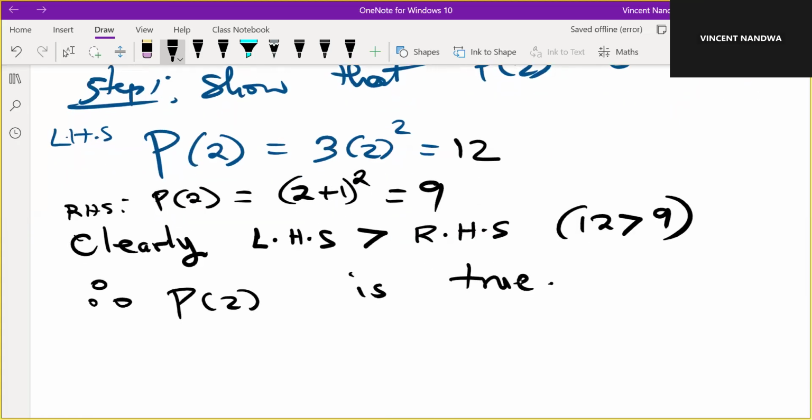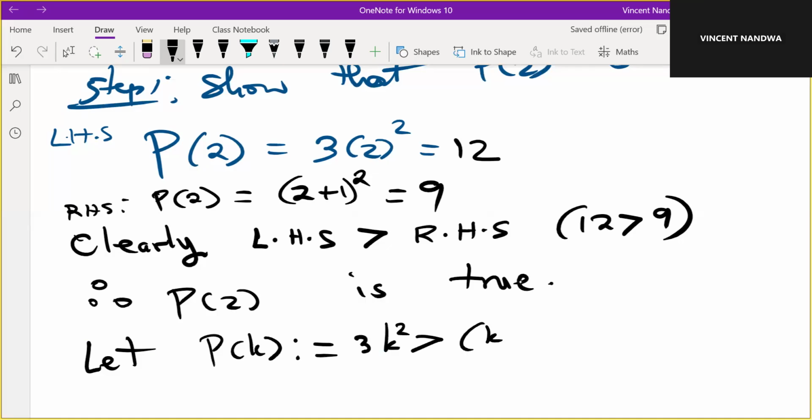Yeah, so we let P of K, which is the same as, what will be P of K? Will be given as 3K squared greater than K plus 1 squared for any K greater than or equal to 2, okay?